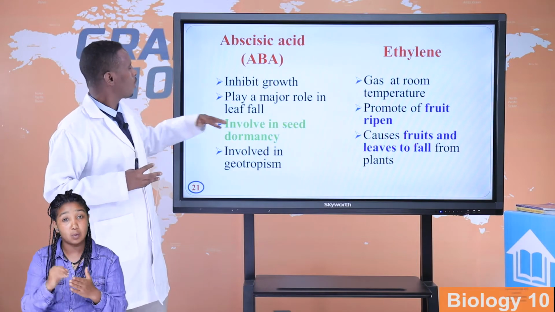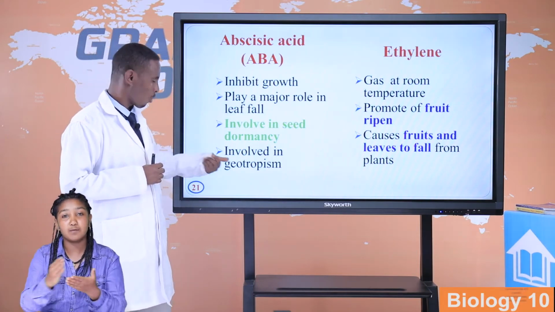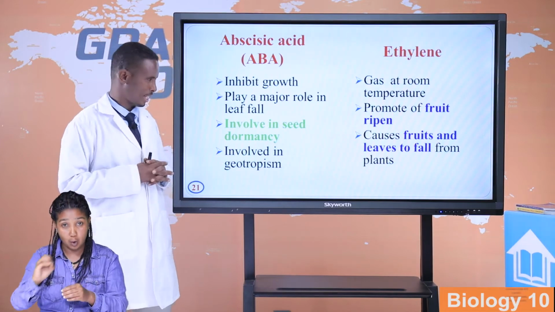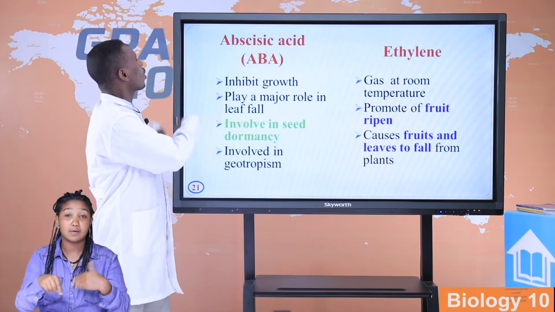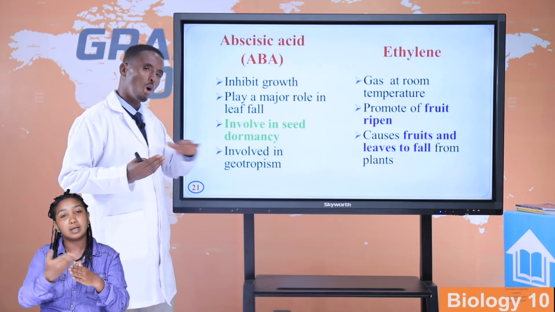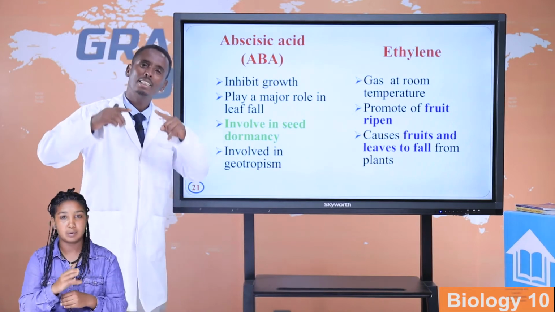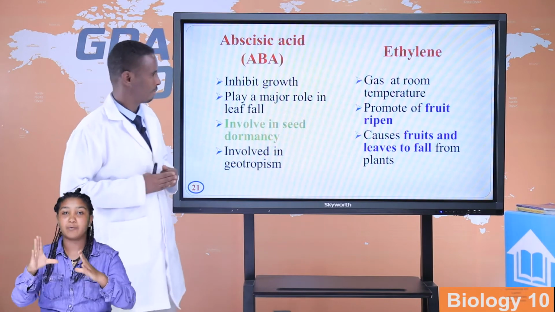It also plays a major role in leaf fall, involving geotropism. Geotropism, we will see that: the response of plant to gravity. So the main role of abscisic acid is to inhibit growth and promote seed dormancy until the unfavorable condition becomes favorable.